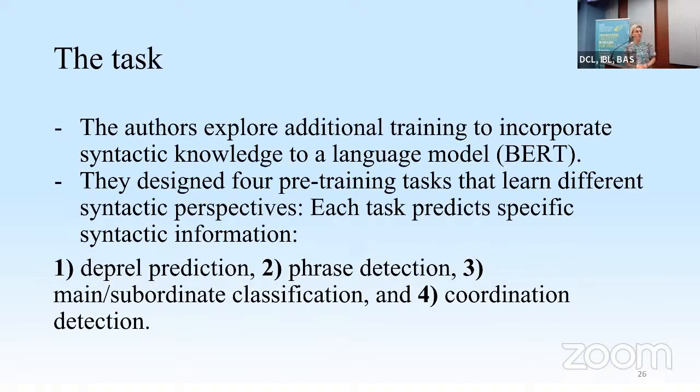Here the authors explore additional training to incorporate syntactic knowledge into a language model, and here they use BERT. They designed 4 pre-training tasks that learn different syntactic perspectives, for example, to predict the dependency relation, phrase detection, also main subordinate classification and coordination. Again, it's interesting because coordination is not easy to model.